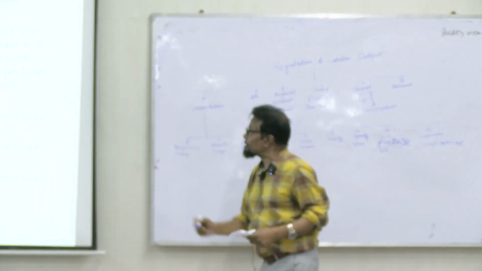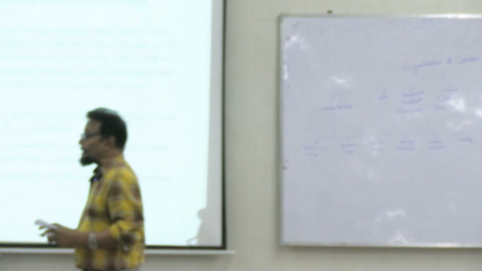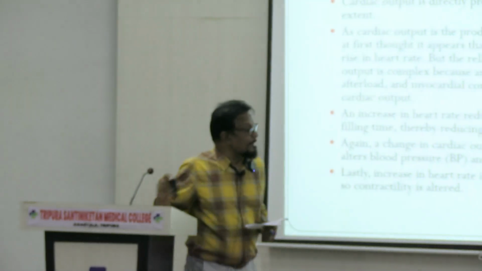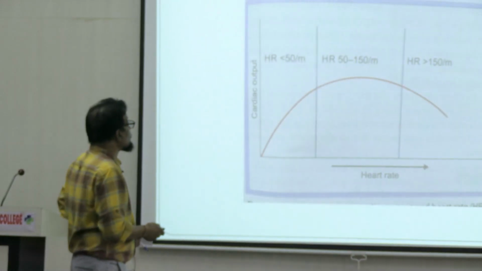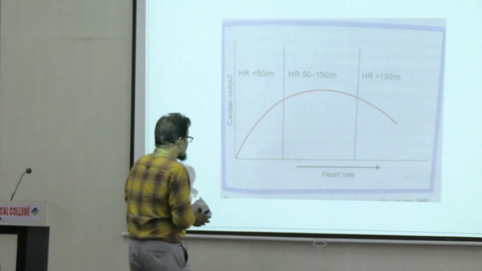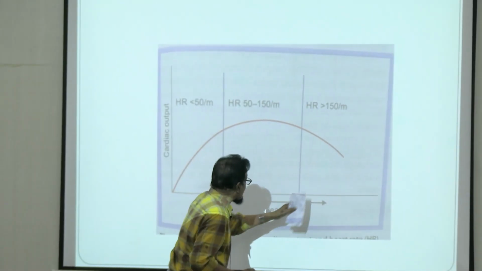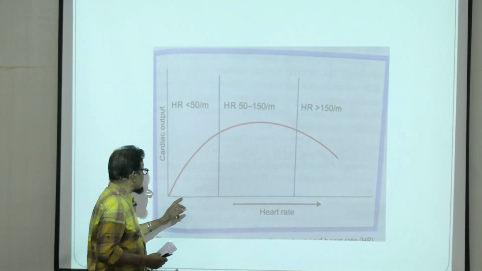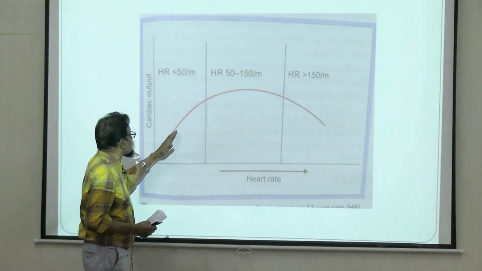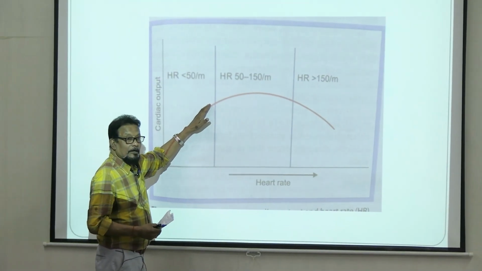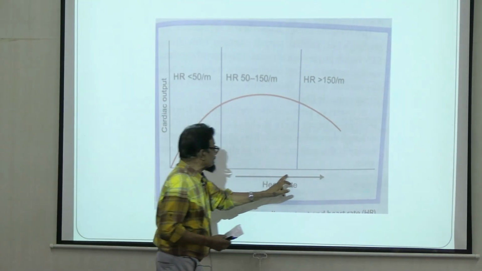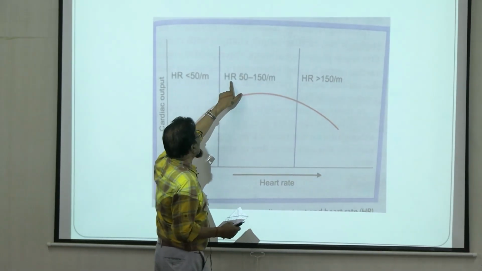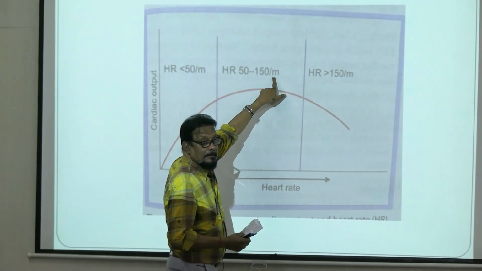Now heart rate. Since cardiac output is the product of heart rate and stroke volume, you can see this is the relation. If I increase the heart rate, what will happen to the cardiac output? Initially there will be an increase in cardiac output. In this case, the heart rate range is 50 to 150.